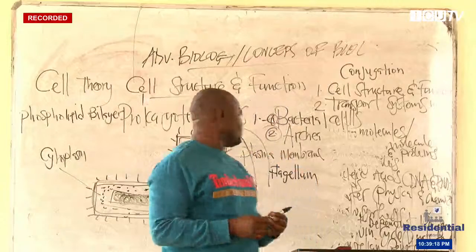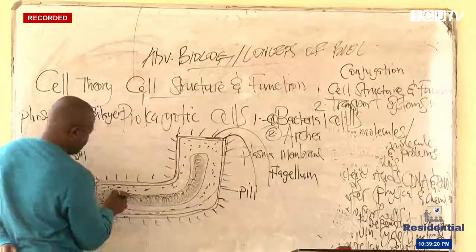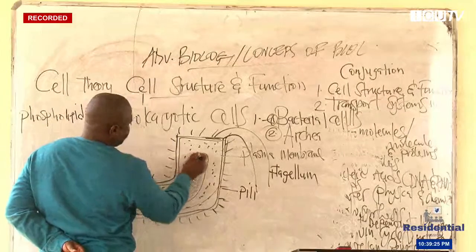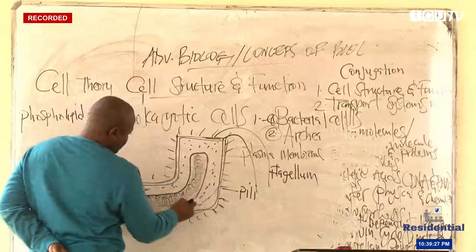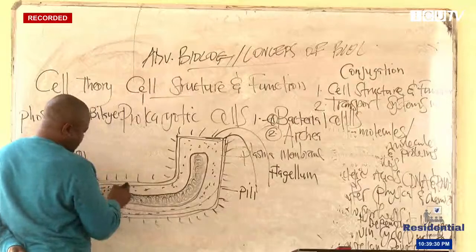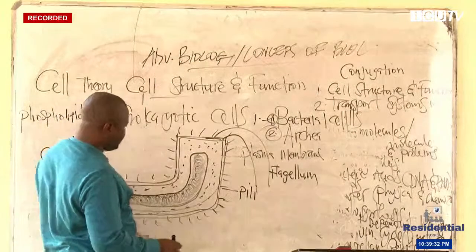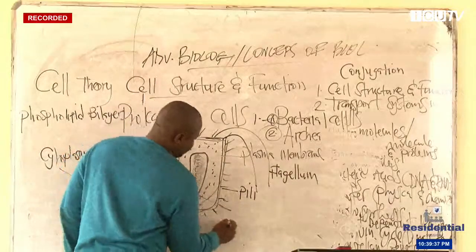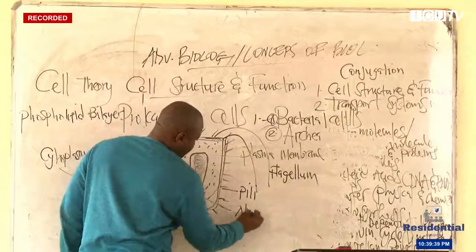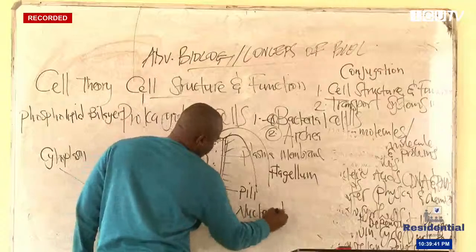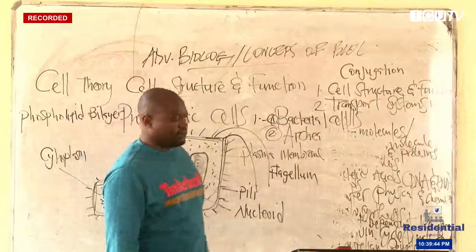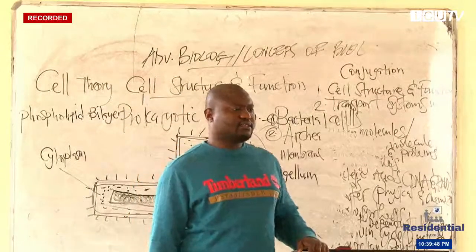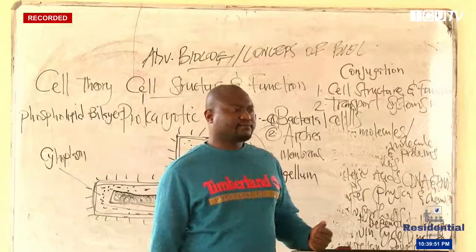What else can we talk about? Have you seen the dark region? This is the dark region in the center of the cell. The dark region in the center of the cell is referred to as the nucleoid region. What is the function of the nucleoid region and how is it defined?